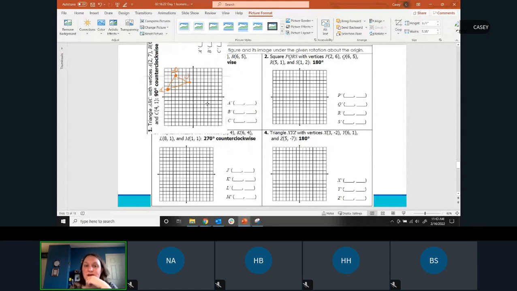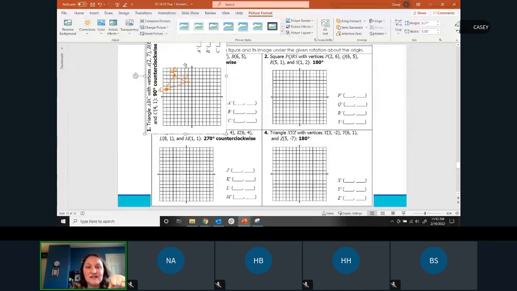Okay, why would I do that? Well, now my shape has been turned, and I'm going to pretend that this is how it's supposed to look. Like right now, I'm pretending that this is my y-axis and this is my x-axis. If that was true, what would be the coordinate of A?